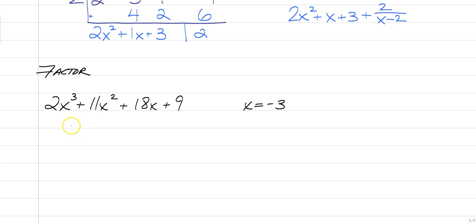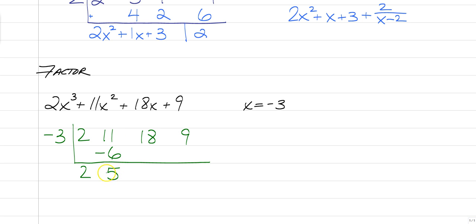So you use synthetic division. So you drop your big ol' L. You have your 2, 11, 18, and 9. And x is equal to a negative 3. We already gave you that. So you drop your 2. Negative 3 times 2 is a negative 6. 11 minus 6 is 5.